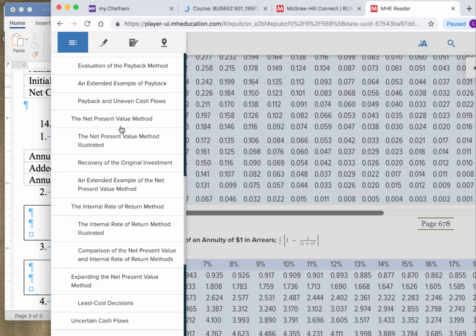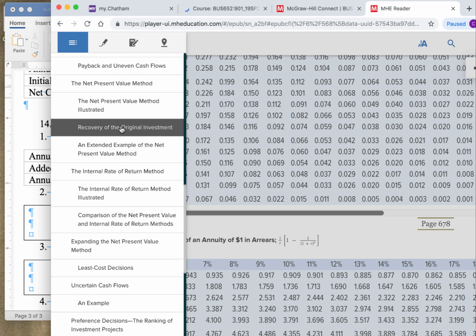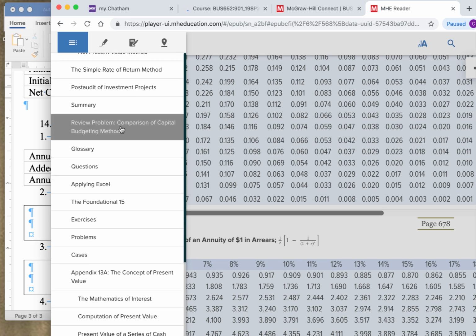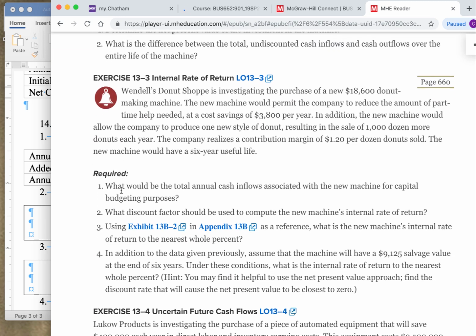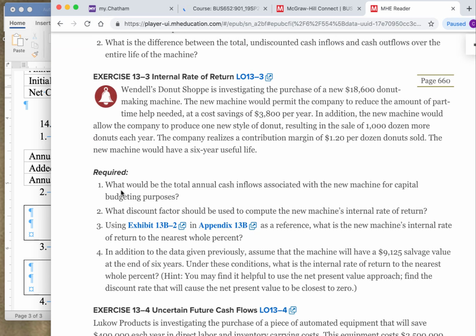So let's look at exercise 12-3. Okay. 12-3 says that this donut shop is investigating the purchase of a new $18,600 donut making machine. Okay, we're going to buy a machine. Cool. The new machine would permit the company to reduce the amount of part-time help needed, for a savings of $3,800.